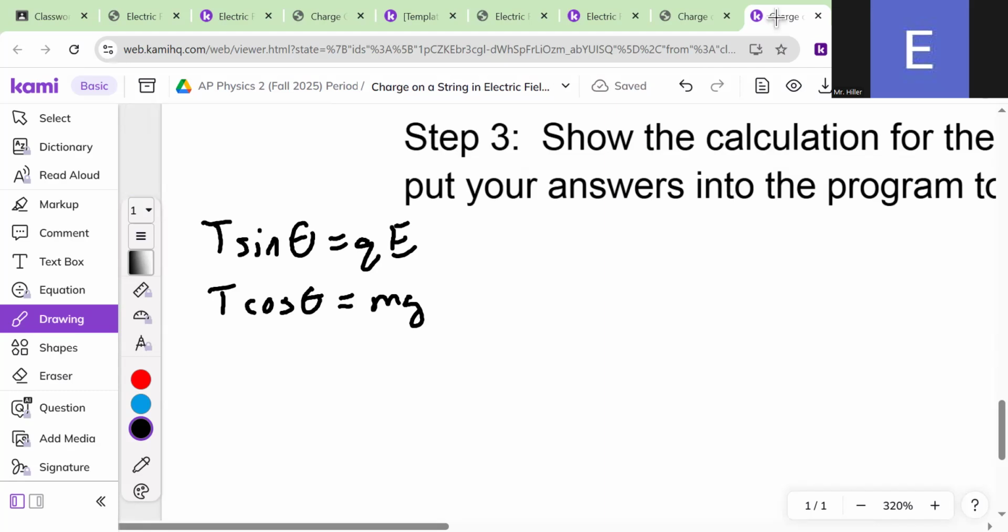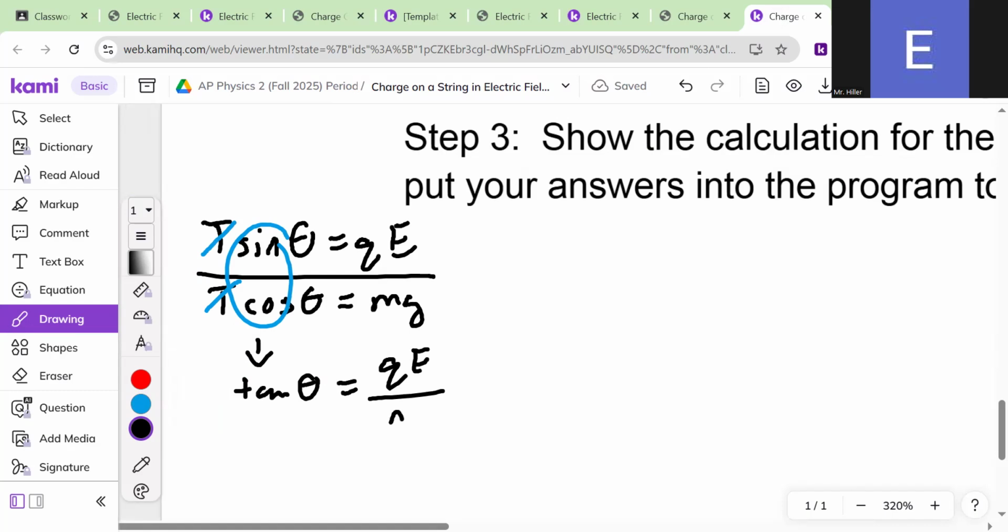Now, a really handy way to solve this particular system, especially when you have component vectors that involve sine and cosine, is to divide the 2 equations, the sine equation by the cosine equation, like that. If you do that, tension cancels, and sine divided by cosine is tangent. So this becomes tan theta equals Q times E over M times G.